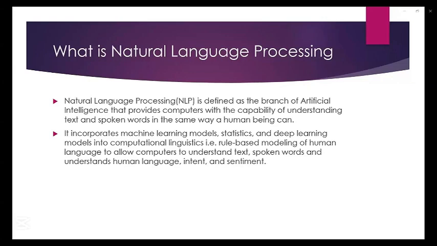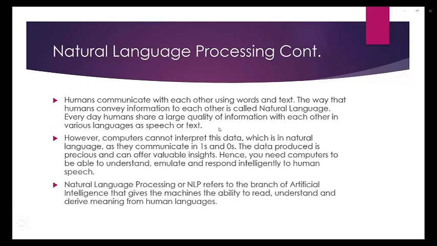This process incorporates machine learning models, statistical and deep learning models into computational linguistics, that is, the rule-based modeling of human language, to allow computers to understand text and spoken words. As you know, computers usually communicate in 1 and 0.